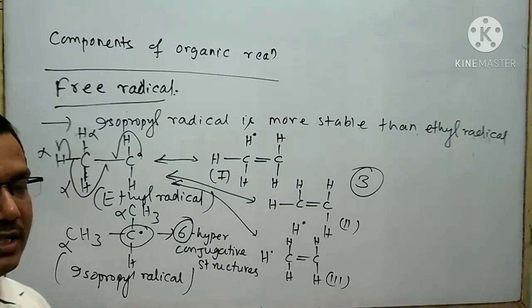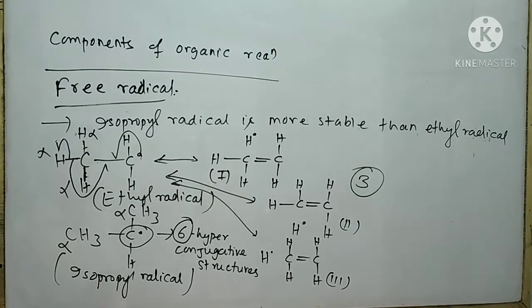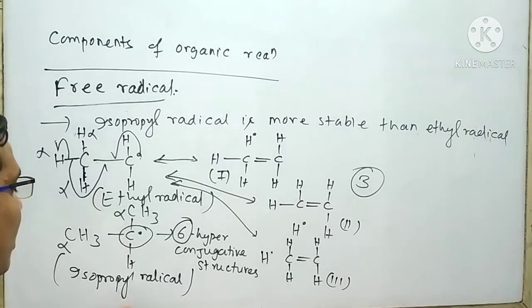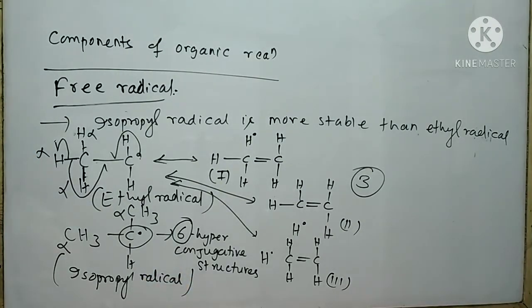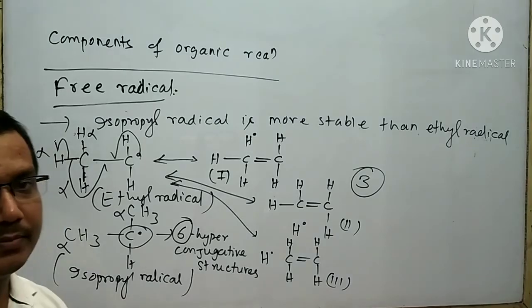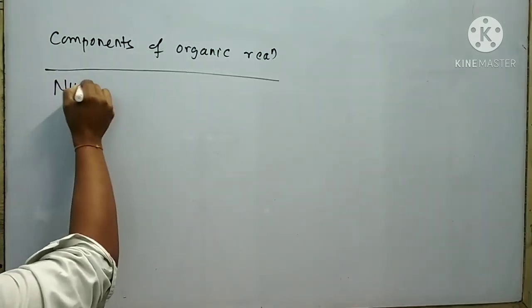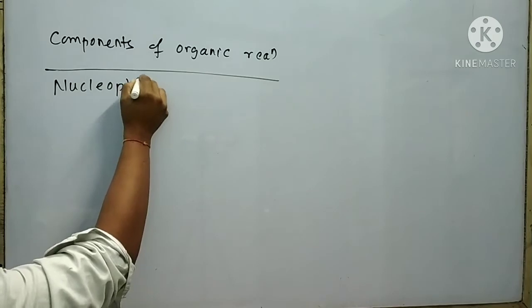From this data, it is clear that the number of hyperconjugated structures of isopropyl radical is more than that of ethyl radical. So isopropyl radical is more stable than ethyl radical, because we know that the more the hyperconjugated structures, the more the stability. Next I will explain about the nucleophile.